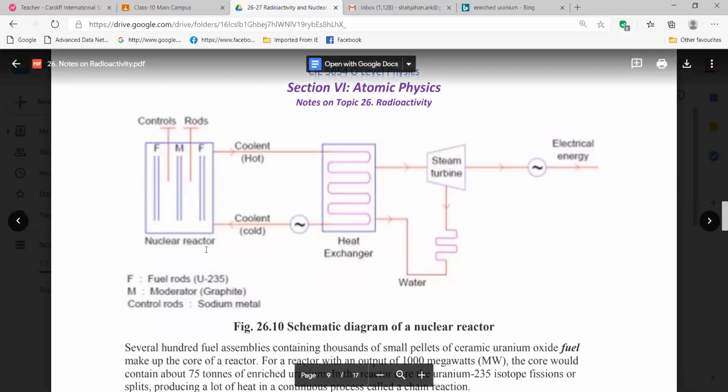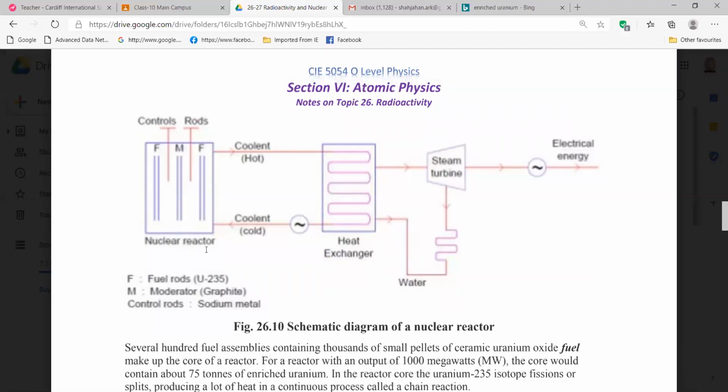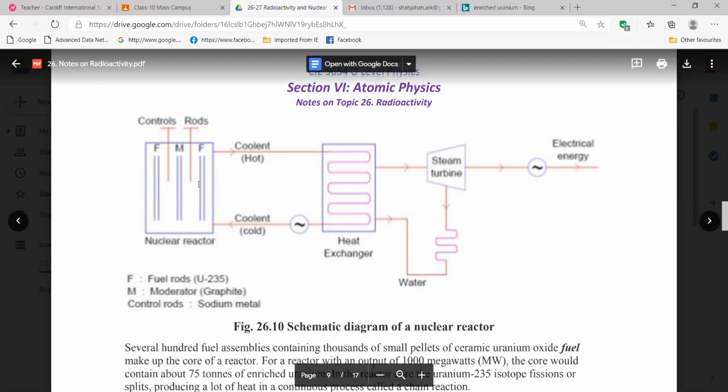In conventional power stations, which are run by fuel, we are getting the fossil fuels: coal, gas, and petroleum. Those are using those fuels, and we are burning them to get heat energy.